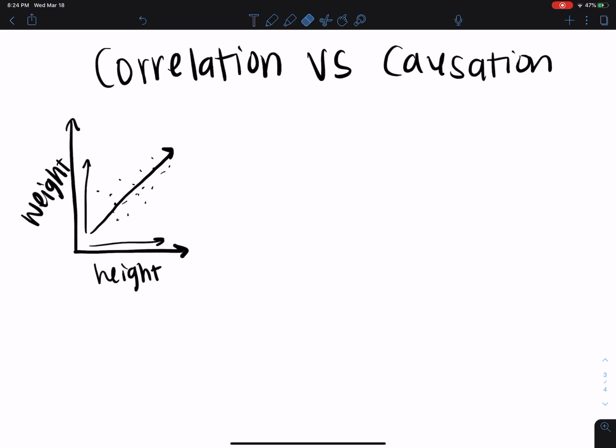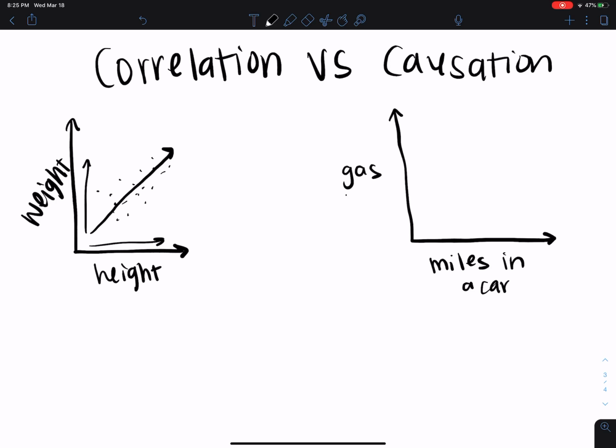Causation is something like miles in a car and the gas used. This would also have a positive correlation because the more miles you drive, the more gas you use, but it's also causation because the more you drive, the more gas you use, and that's what causes the gas to increase.